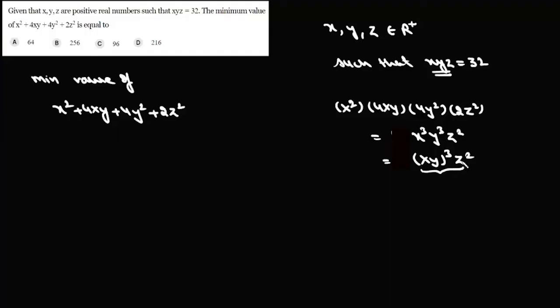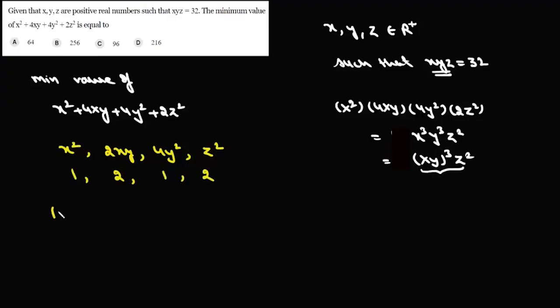Now this problem can be resolved if we use weighted AM-GM. So what we'll do is, we'll consider 4 numbers as x square, 2xy, 4y square and z square, and we'll consider their weights as 1, 2, 1 and 2.